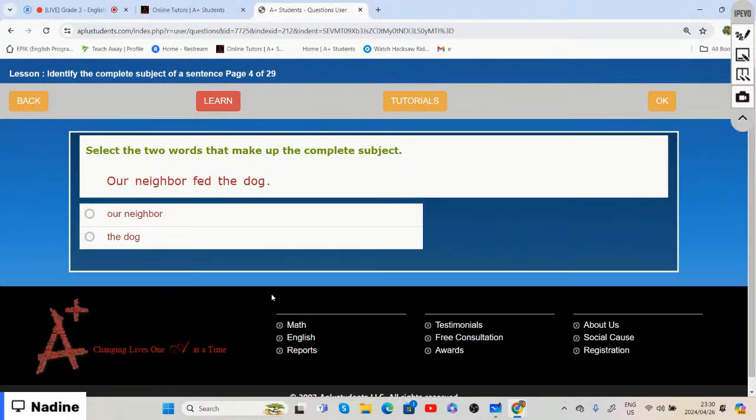Our neighbor fed the dog. We need to choose two words that make up a complete subject. Is it our neighbor or is it the dog? Who fed the dog?